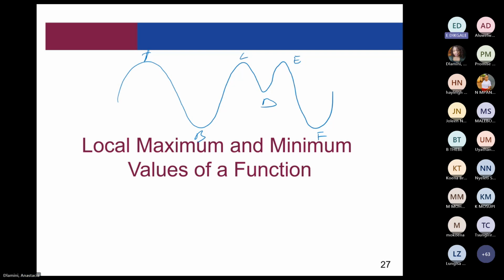From A to B. Local maximum is A, C, and E. Then local minimum is B, D, and F. The local maximum is the highest point in a small region.